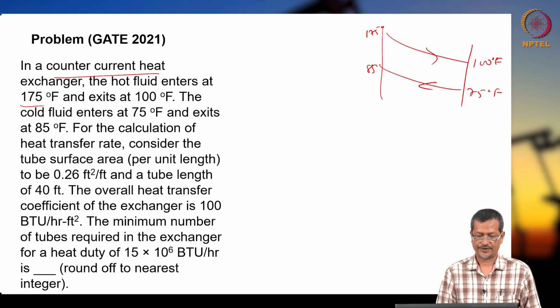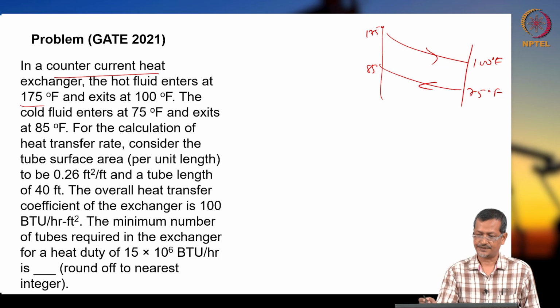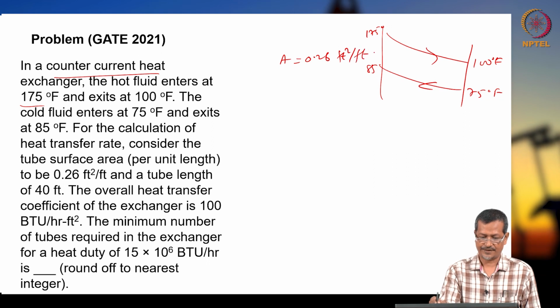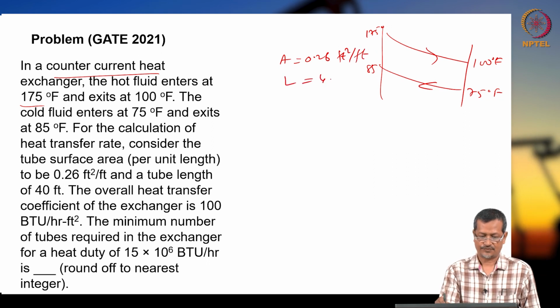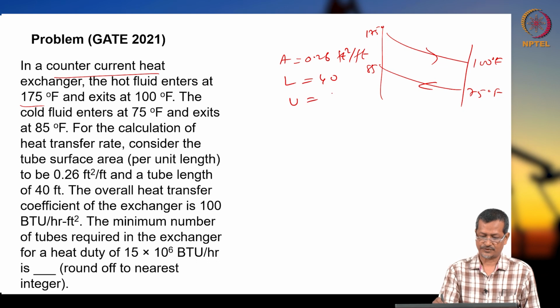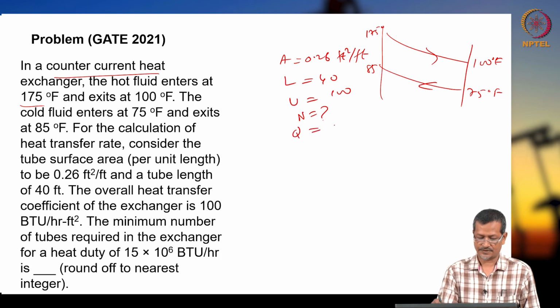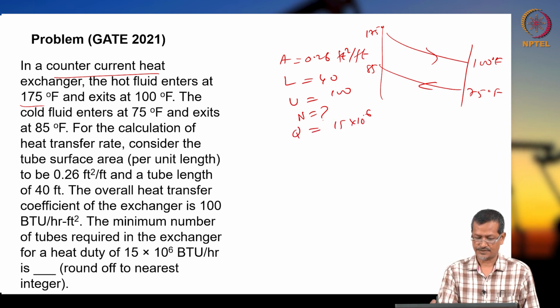For the calculation of heat transfer rate, consider the tube surface area A given 0.26 feet square per feet and tube length 40. Overall heat transfer coefficient also given, 100. The minimum number of tubes required, heat duty Q is given 15 into 10 power 6.